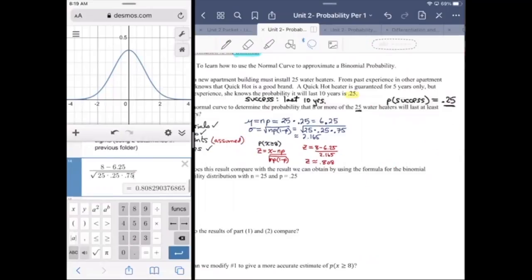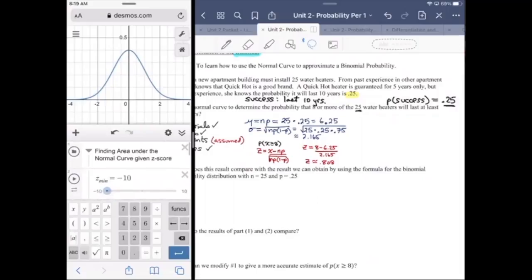Now when I pop it into my Desmos, I want the probability, in blue now, that Z is greater than or equal to about 0.808. On the low bound, I'm looking at 0.808.